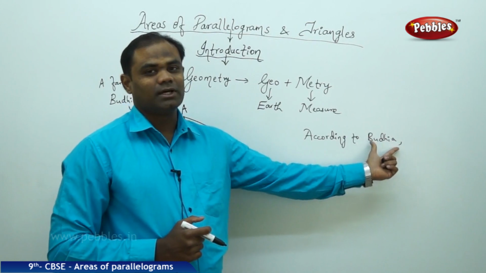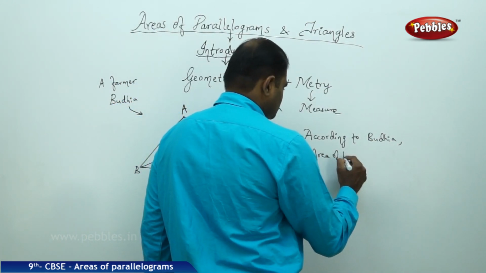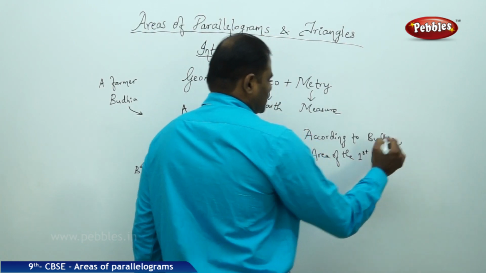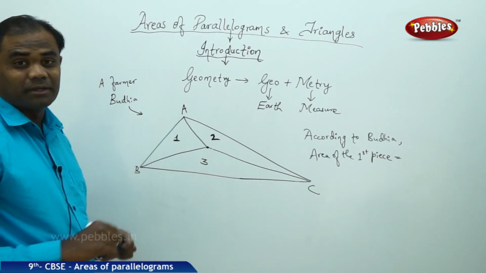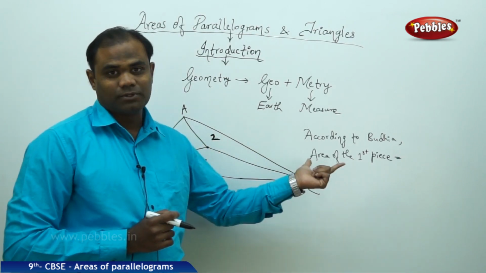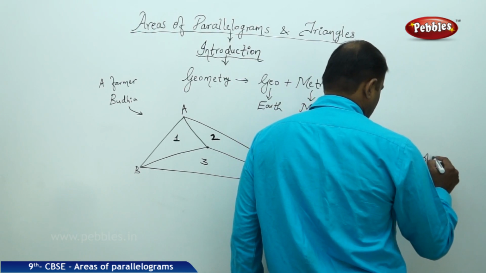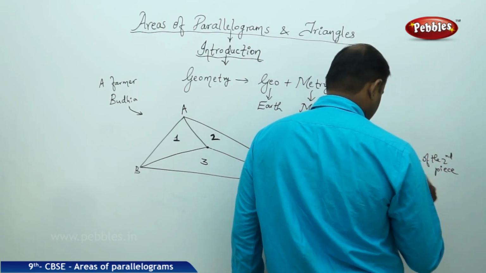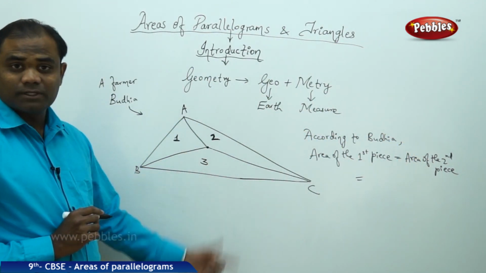According to Budhia, the area of the first piece is equal to the area of the second piece, though they are in different shapes, and this is also equal to the area of the third piece.